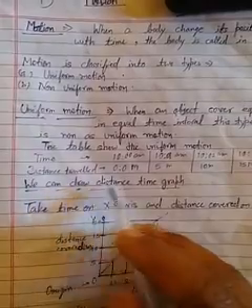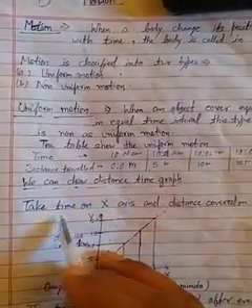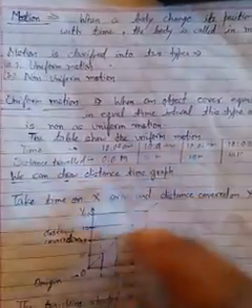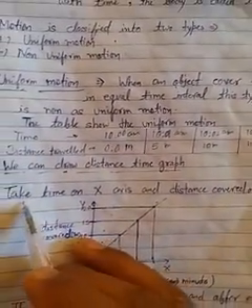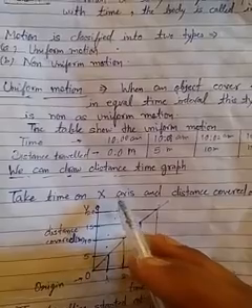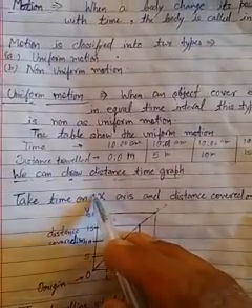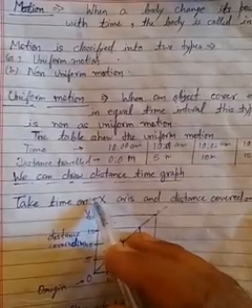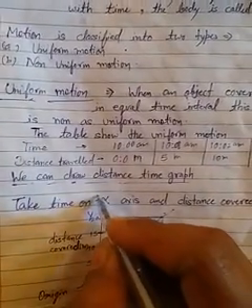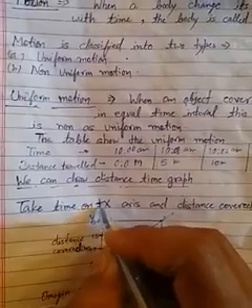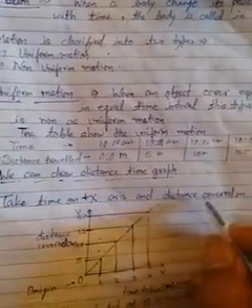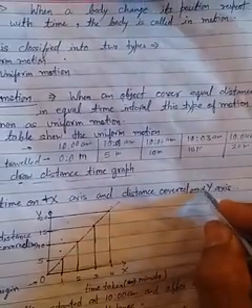We can draw a distance time graph by taking this table. Take time on the positive x-axis, and distance traveled on the positive y-axis.